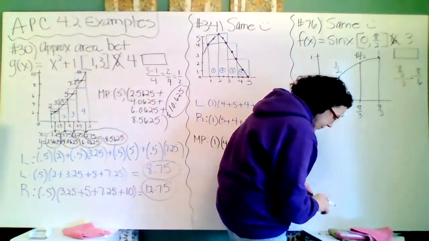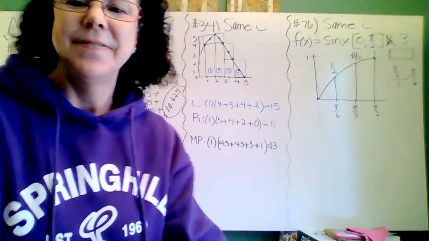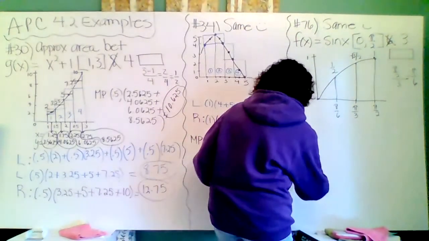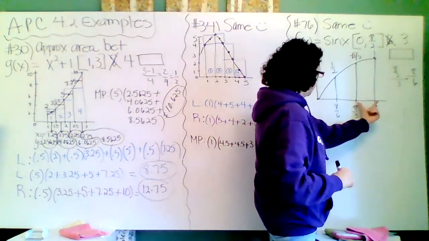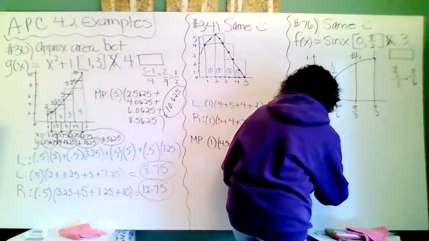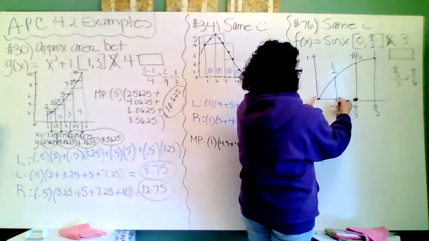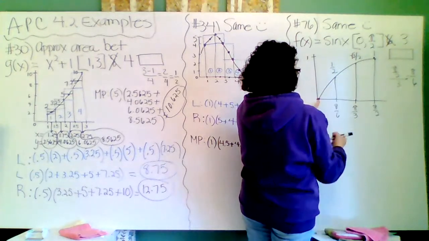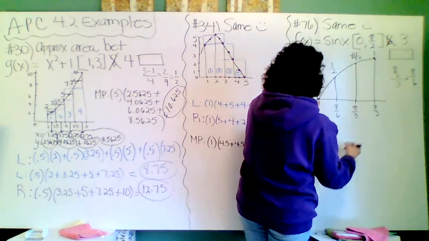Okay, so for left, I'm just going to keep it all black now since you've kind of got the idea. Okay, left. Notice that each rectangle has a base of pi over 6, and I need 3 heights from the left, right? So notice, first rectangle, I'm picking from the left, so that's 0.